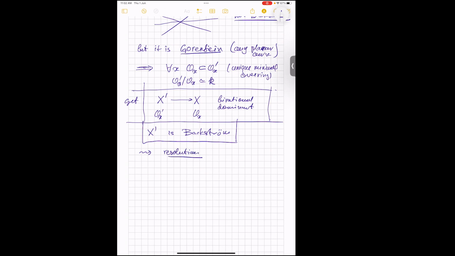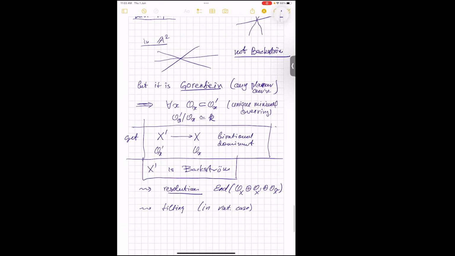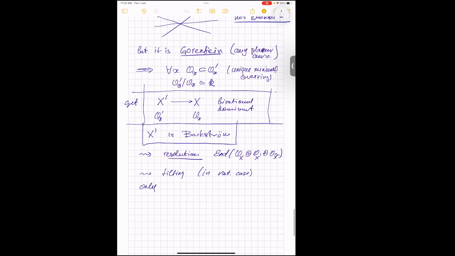In our case, it is just the endomorphism of O X plus O X dash plus O X tilde, and tilting in the rational case, with almost the same picture, only for singular X.